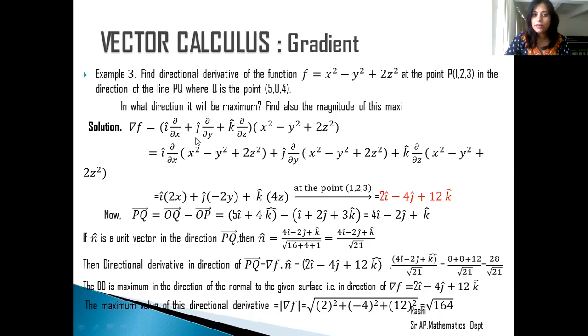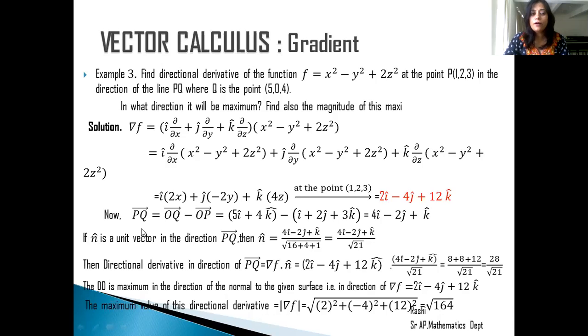So my function is x² minus y² plus 2z². Find the gradient the same way, del of f. I differentiated, and at the point (1, 2, 3), the value of the gradient is 2i minus 4j plus 12k. Now I want to define n.